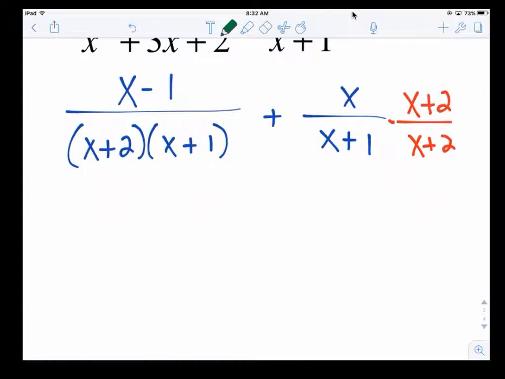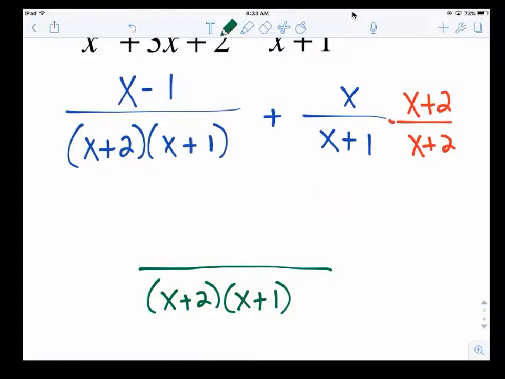So when you do that, I wouldn't really multiply the denominators. Just keep them kind of in factored form. So that's going to give me x plus 2 over x plus 1. Right, so now I have my first term, x minus 1. Now, if I multiply my second term by my new denominator, what do you get?